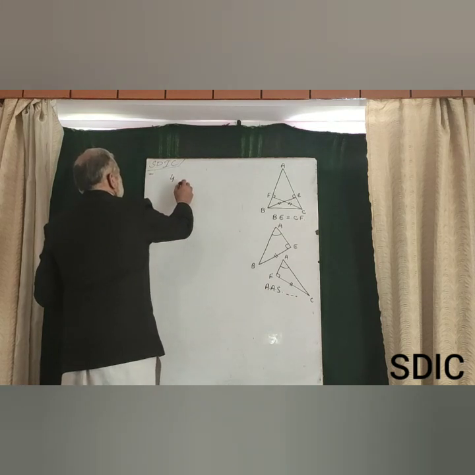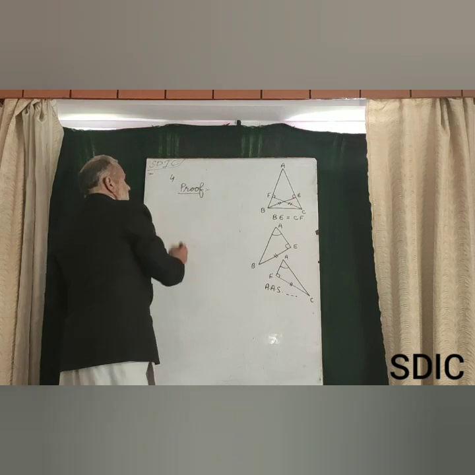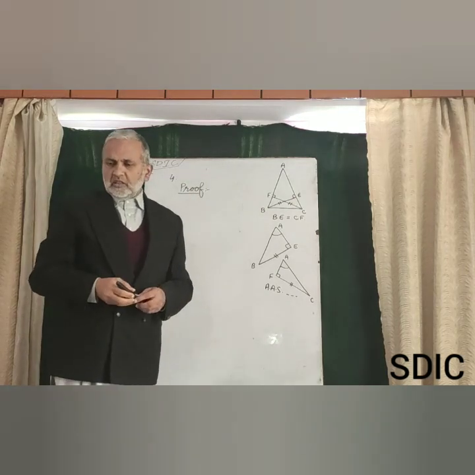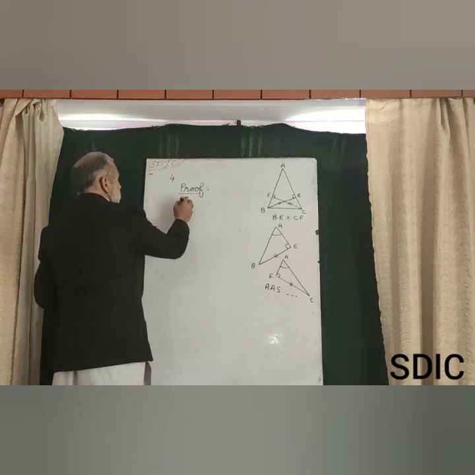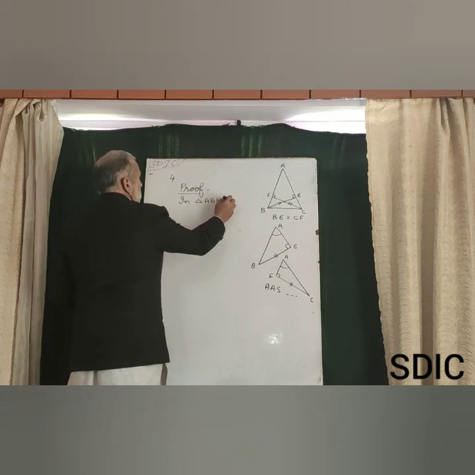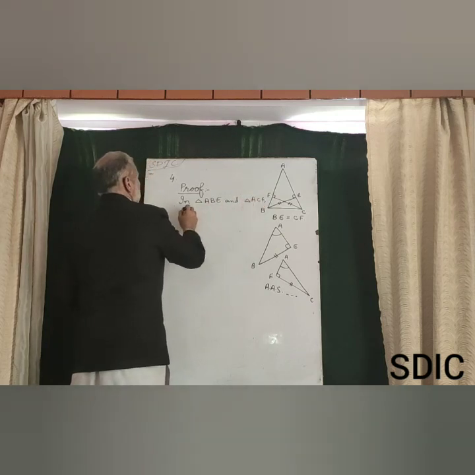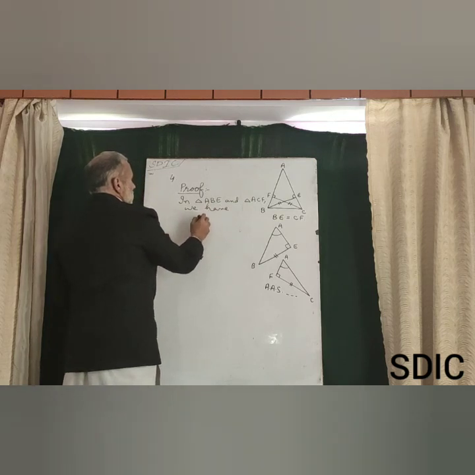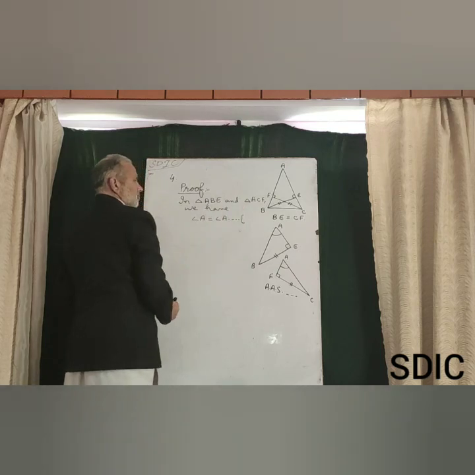Now quickly let us write this. Given and to prove, you can write from the statement. Let us write the proof. We have to take the two triangles. In triangle ABE and triangle ACF, we have angle A is equal to angle A, common angle.